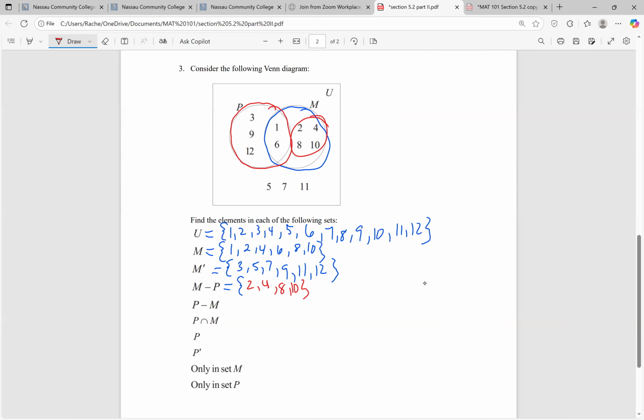And if we go the other way around, if we look at the set difference between P and M, now look at P, which is the red, but take away any overlap in M, right? So now we're just going to have 3, 9, and 12 in that difference.